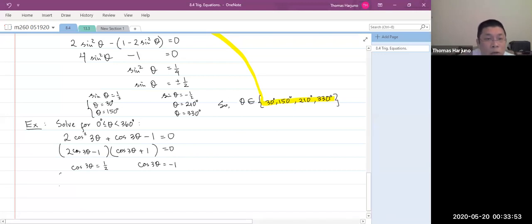Now then, I will solve for 3 theta first. Now you tell me what are the values here.